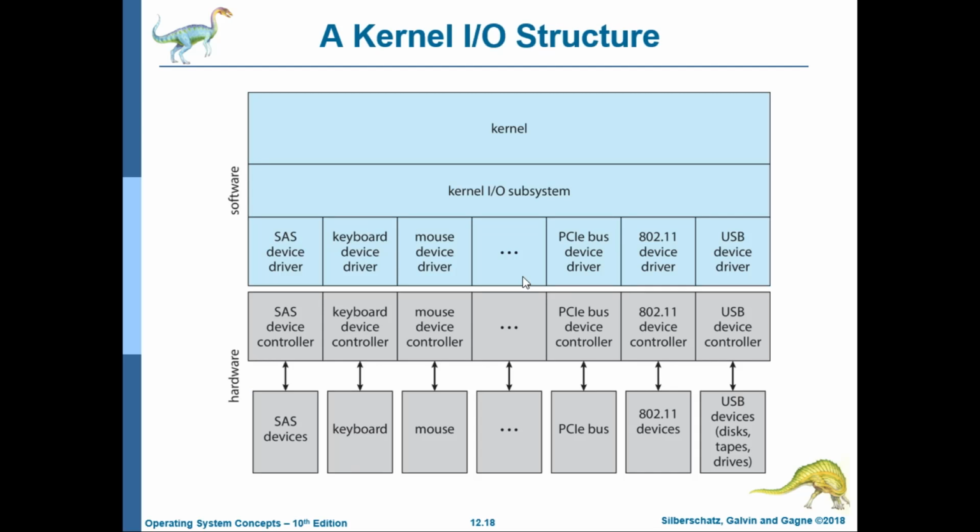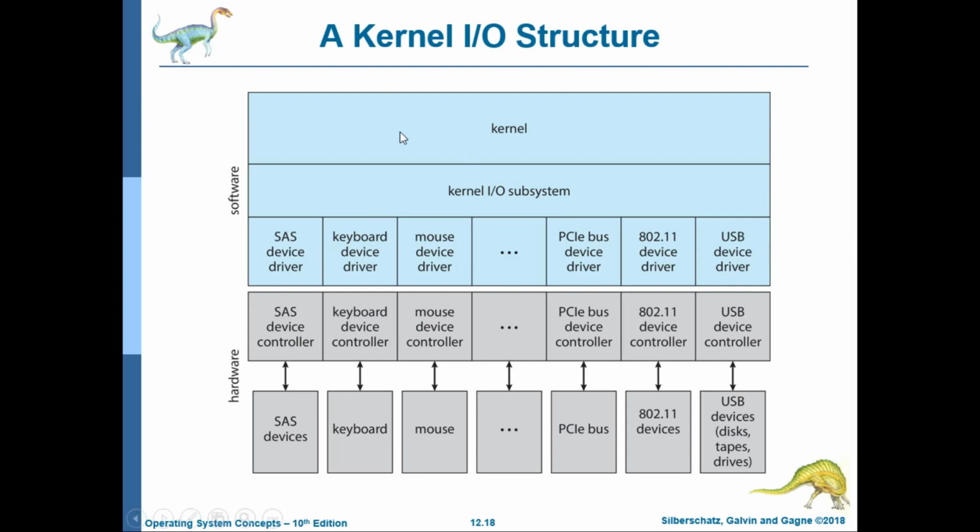So this is the kernel I/O structure. We have the kernel, and then the kernel I/O subsystem, which has device drivers for SAS, keyboard, mouse, and any other I/O devices. We have the PCI bus device driver, the one for wireless connections 802.11, and the USB device driver.